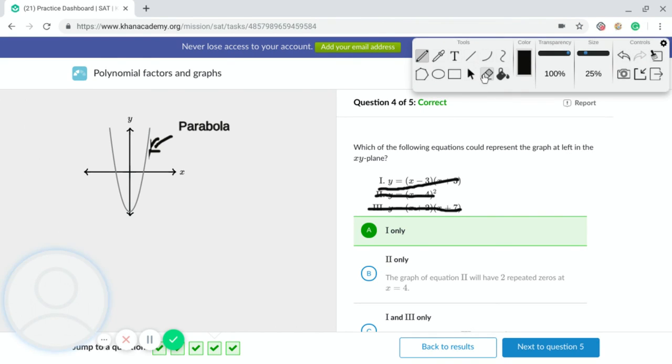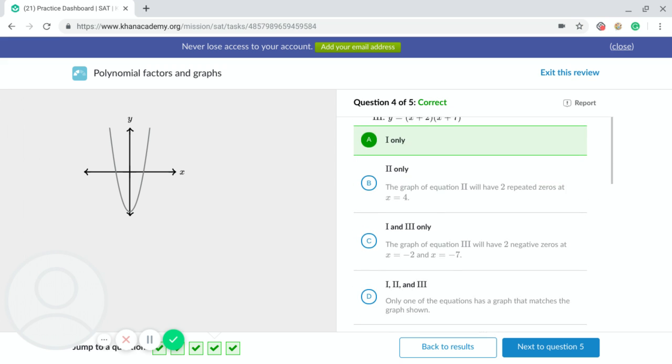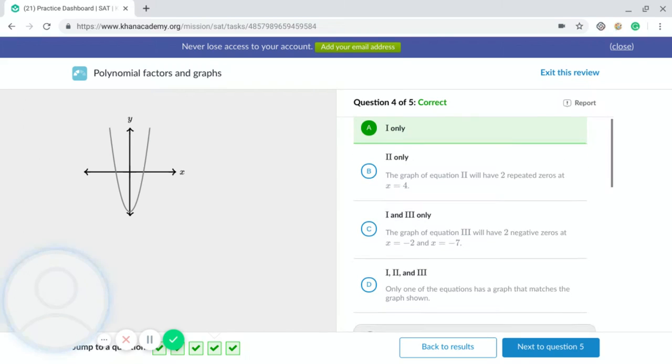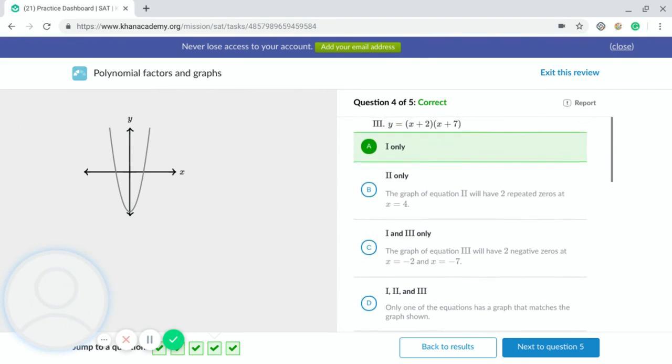Oh, oops. Now I know there can be negative numbers, but I'm pretty sure there is more to it than that. Okay, so let's go read the rest of the stuff at the bottom, because I'm pretty sure they would know more about this particular problem than I would. So the graph of equation 2 will have repeated zeros.